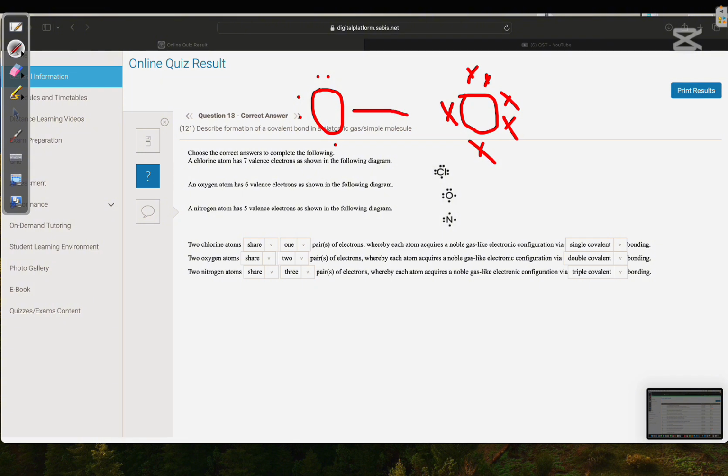So this oxygen will share with the other, and then this will be shared with the other one. This will make each oxygen have 8 valence electrons, which is noble gas configuration. This is known as a double covalent bond, which means it shares 2 pairs of electrons.